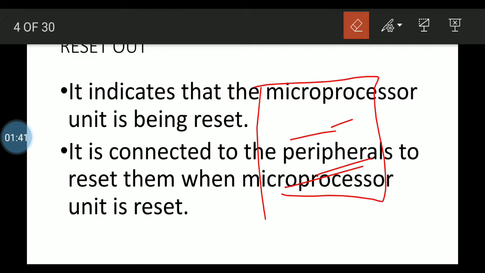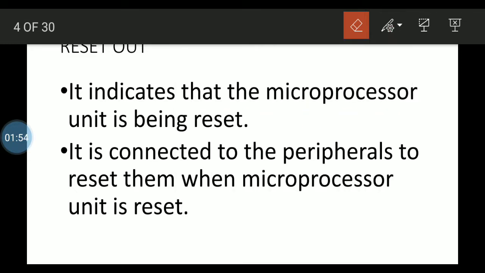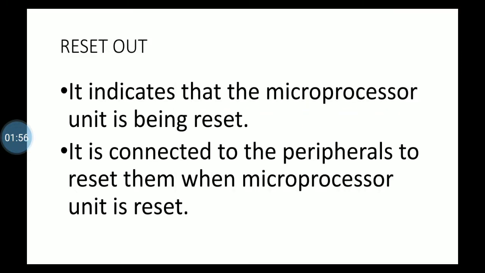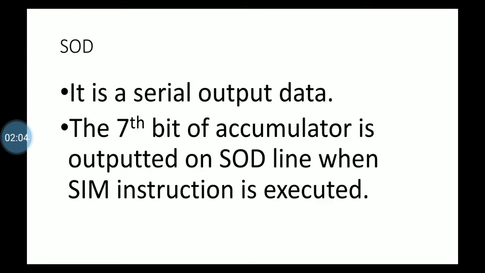Like this, the whole microprocessor unit will get reset by this signal. Understood? It is connected to the peripherals to reset them when the microprocessor unit is reset. For example, if I have any peripheral like a keyboard or any display unit, after completing the work it should get reset.